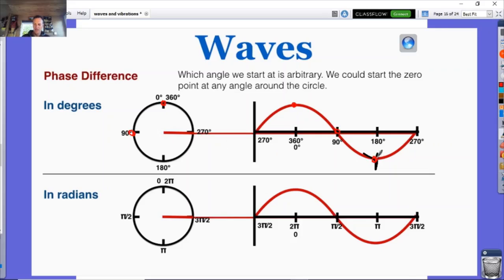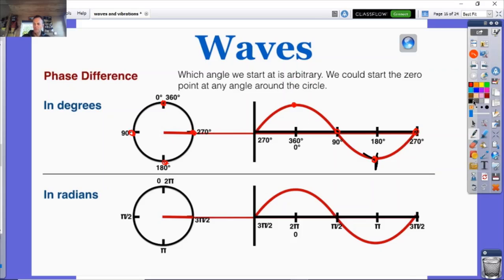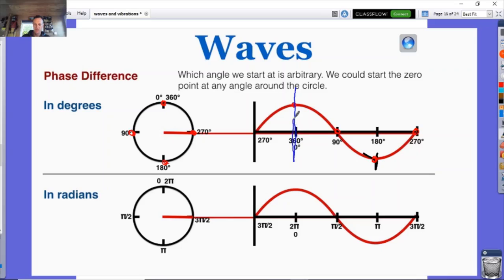When it's down here, the ball is there. And when it's going back over here again, the ball is here. So it's going up and down. Now I'm going to put my own axis in, and I'm going to say this point here is at 0, where it is up here. As it goes round, it's at 0 degrees.